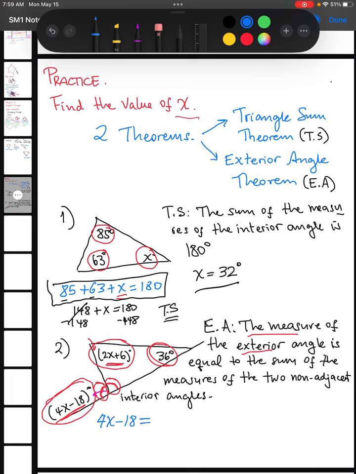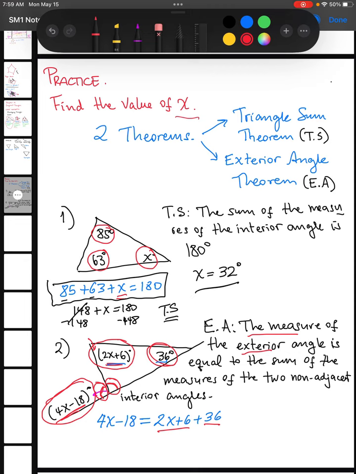The theorem tells me that this angle is the sum of the other two non-adjacent interior angles, which means we have 4x minus 18 is equal to 2x plus 6 plus 36. There you can see the sum of those two angles.